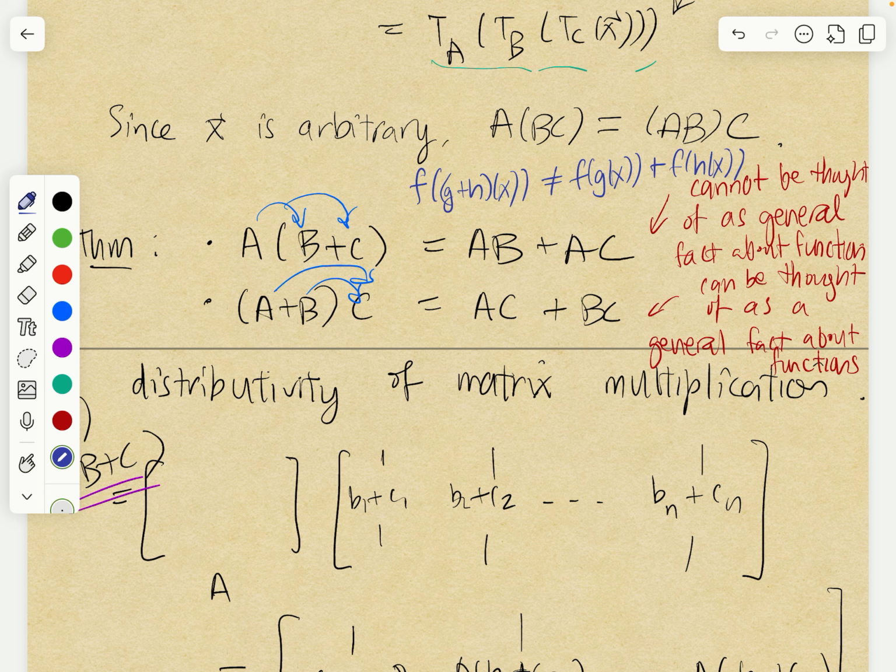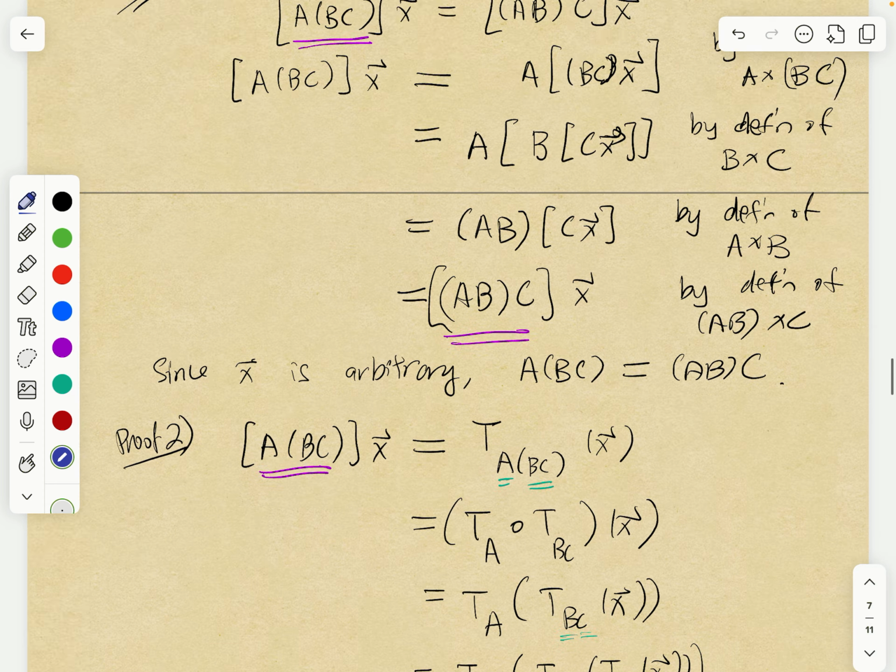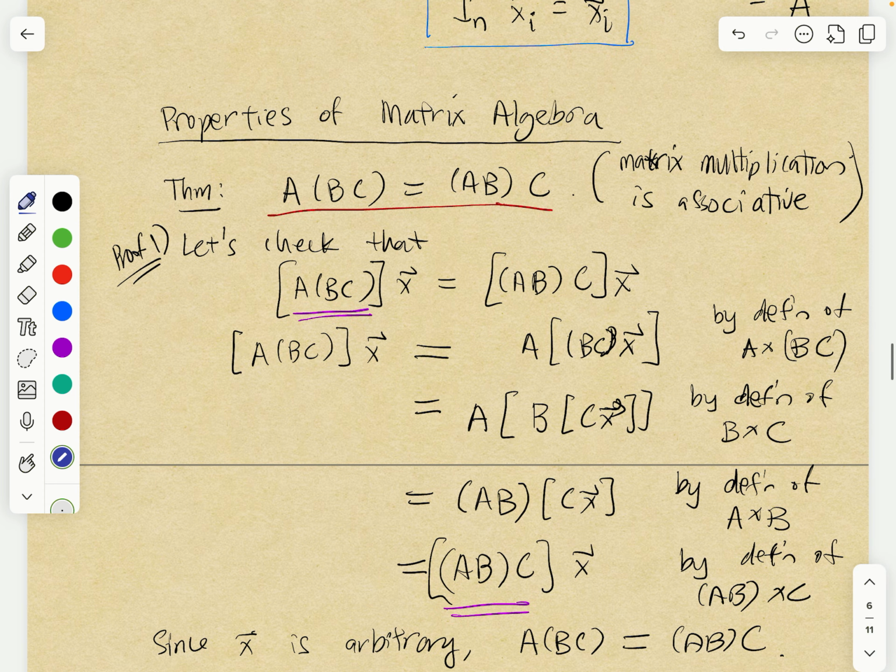So the fact that this first statement is true is very particular to matrix multiplication. It's not just a general fact about functions. Whereas this first theorem, the associativity, really can be thought of as a general fact about functions.